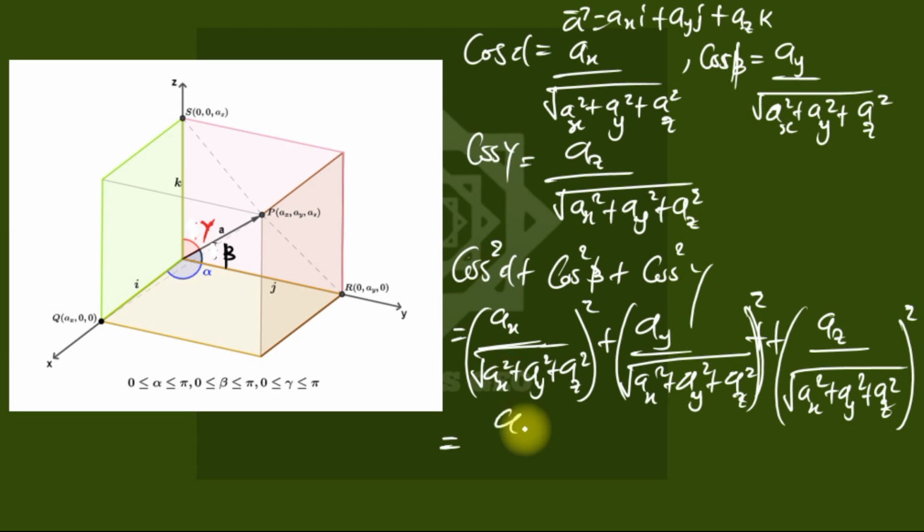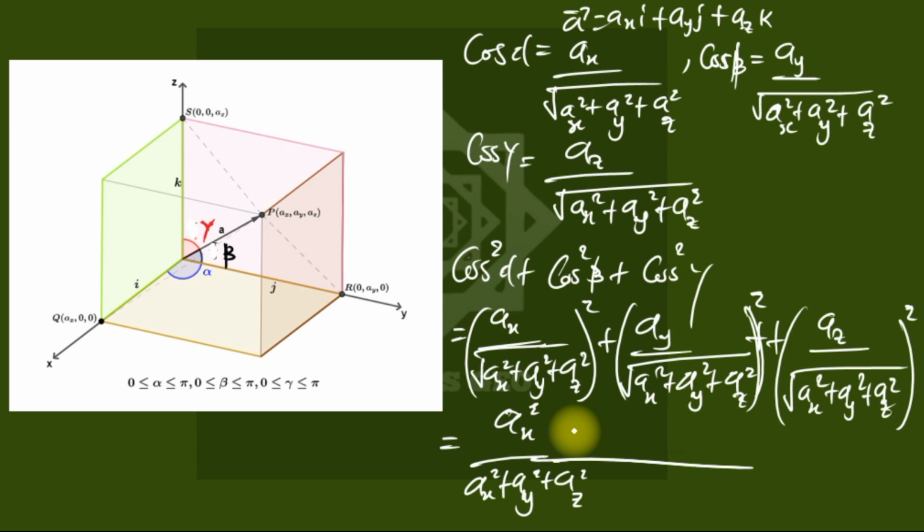So this is now a_x all squared, and the square root is gone. So let's not waste time. Let's add everything.